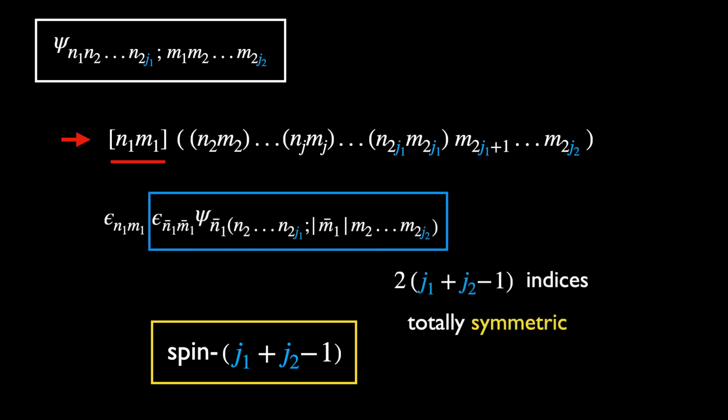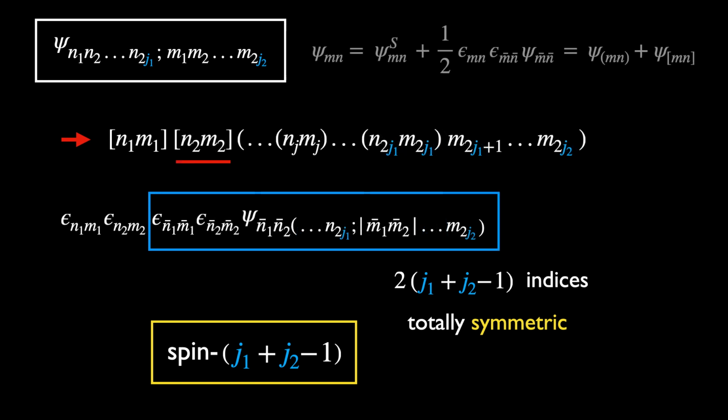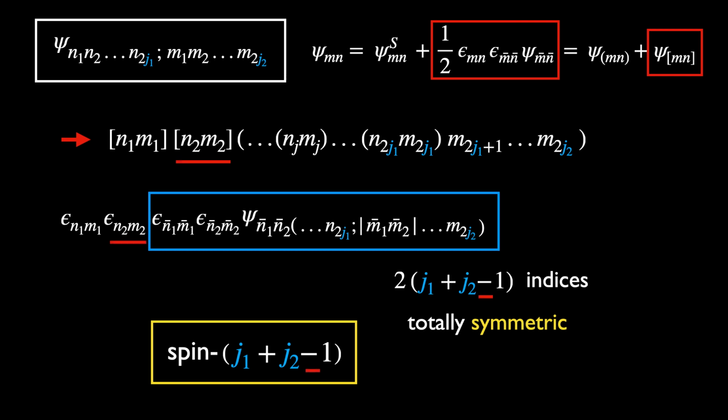For the next term in our tensor decomposition, we have one more anti-symmetrised pair. Here the tensor in the blue box gets reduced by two more indices by contraction with epsilon, these are transferred to another epsilon and become invariant under rotations.